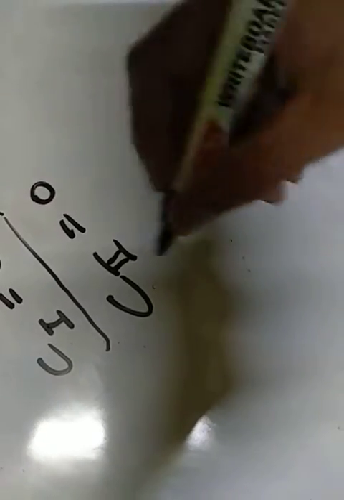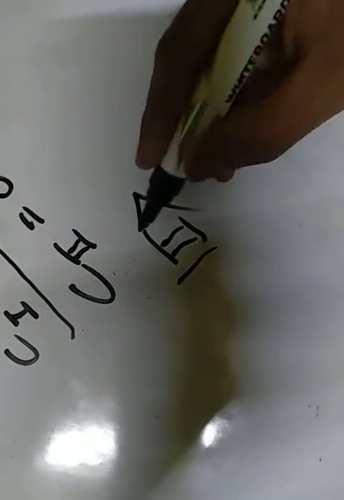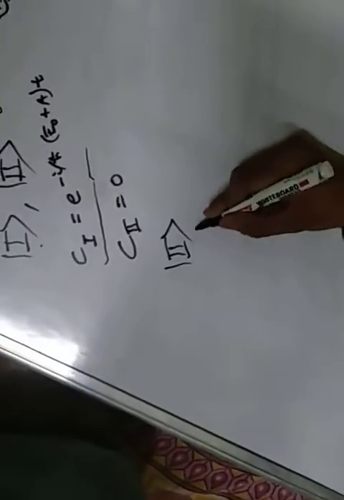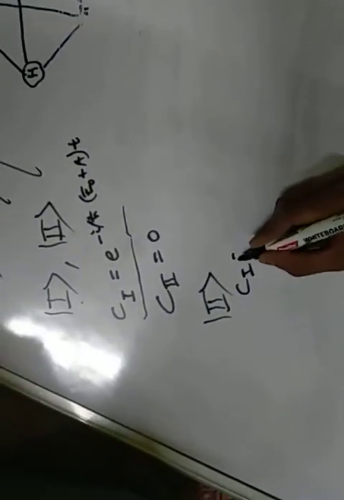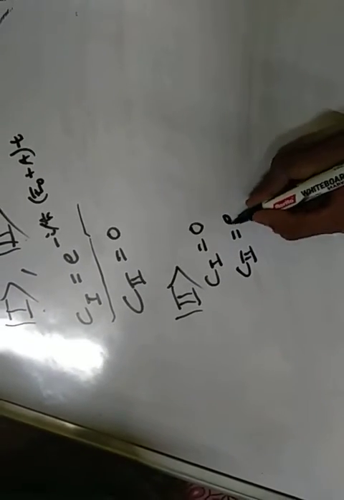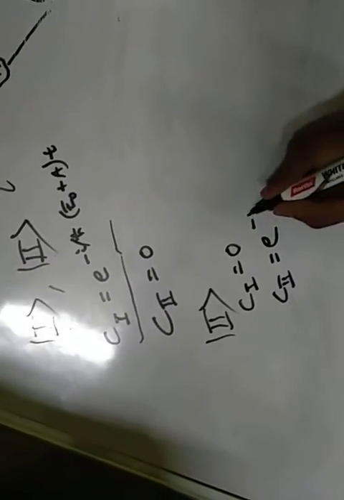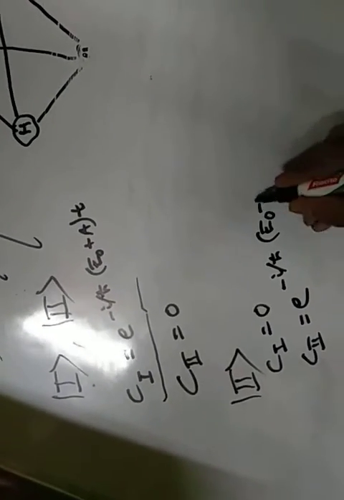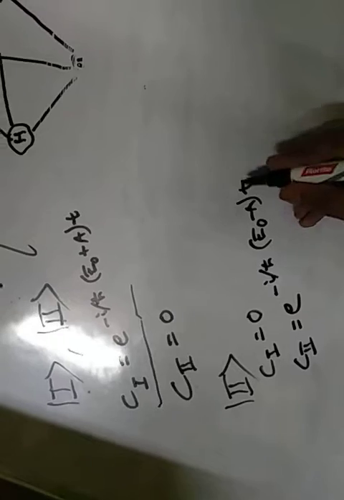Okay, and similarly, if the particle whatsoever is in this state, then we will have C1 equals 0 and C2 will be equal to e to the power minus i by ħ times (E naught minus A) times t.